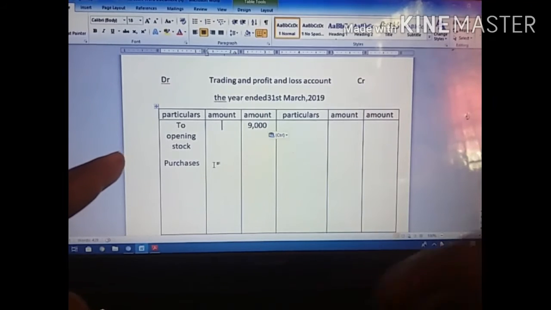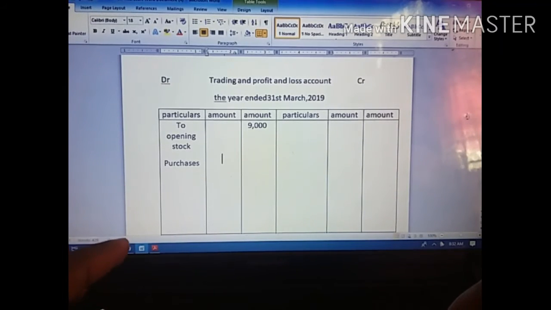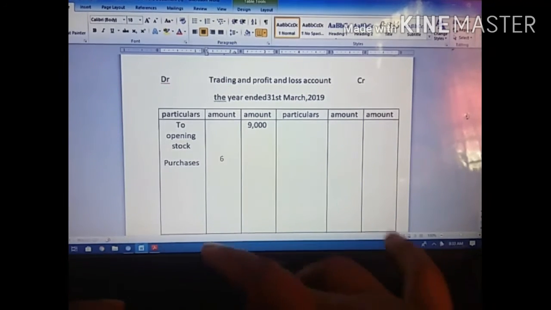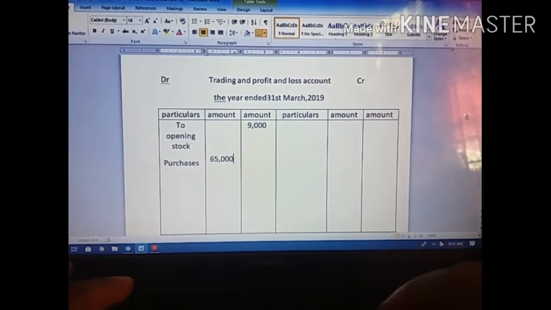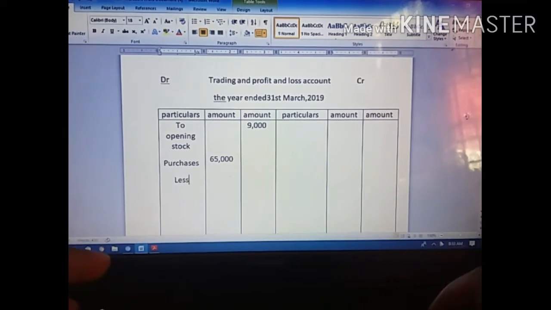How much purchase are they given? We find out the credit purchase, 65,000, through the creditors account, that we have to write here. 65,000 minus, we have a return, so you have to deduct the return. Less returns, 2,000 is there. So purchase return also is there.